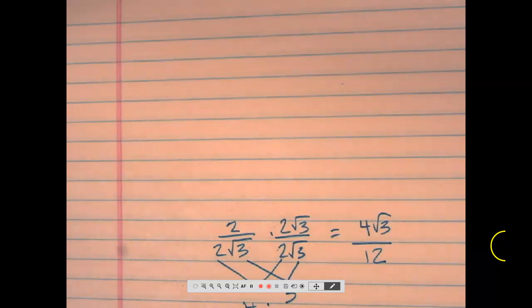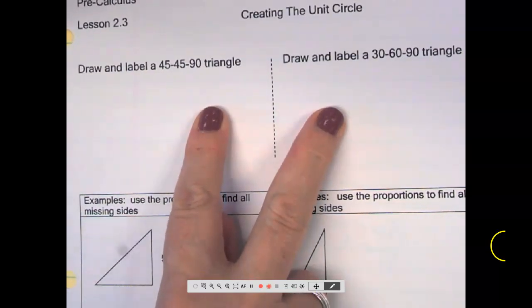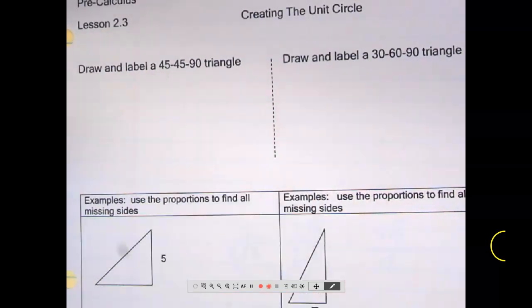Okay, next part of the lesson. Go ahead and find for me these 2 triangles. Whether they're in your notes or on your formula sheet, go ahead and locate those.